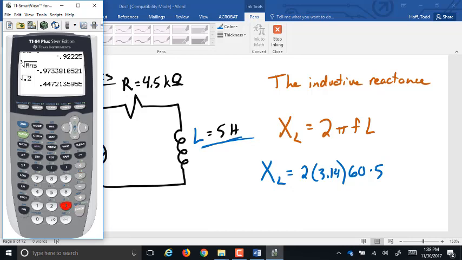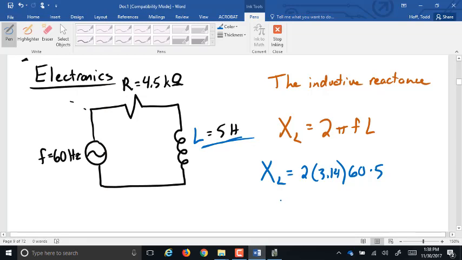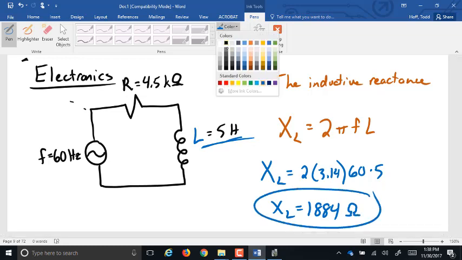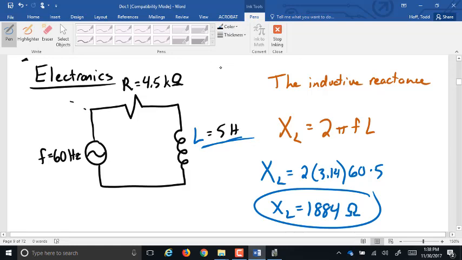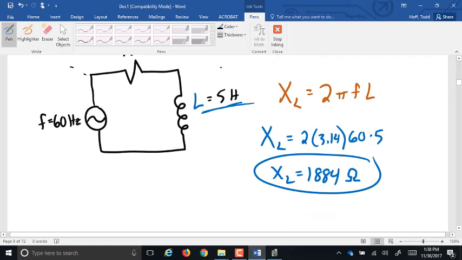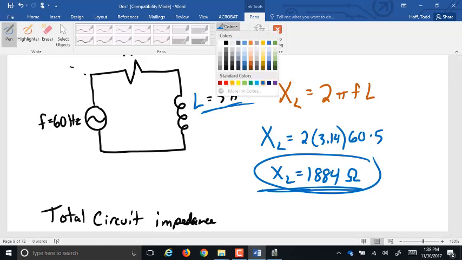So that's times 5. So we have 2 times pi, 3.14, times 60 times the 5 Henry is 1884. That is in ohms as reactance. It's similar to a resistance. To find the total impedance of the circuit, then, we add that to our resistance, but we have to add it in a special way.